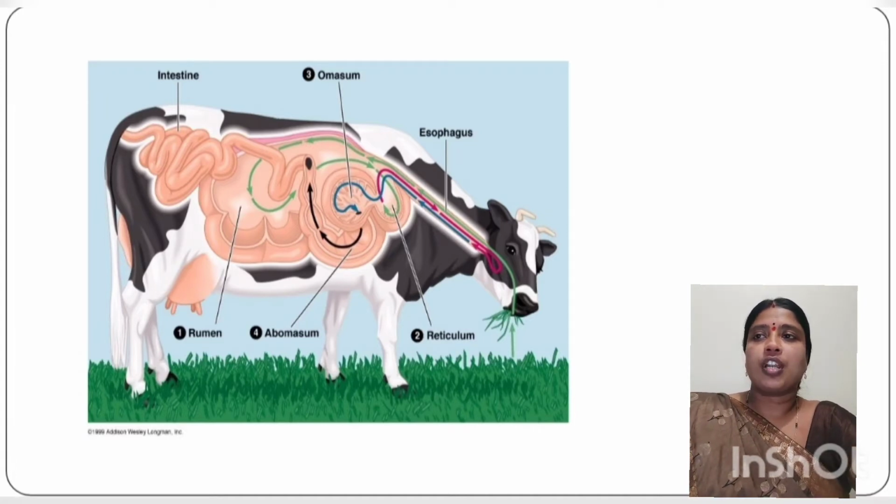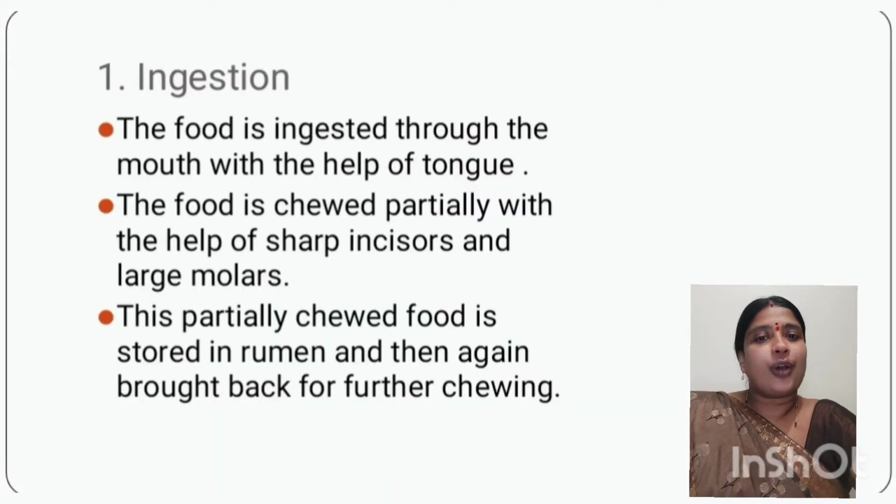Now let us understand how the digestion process takes place in a ruminant. First is ingestion. As you know, in our previous videos we have already discussed ingestion. Ingestion is the process by which food is taken in by any organism.